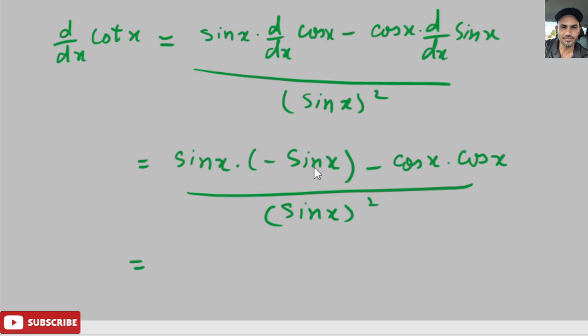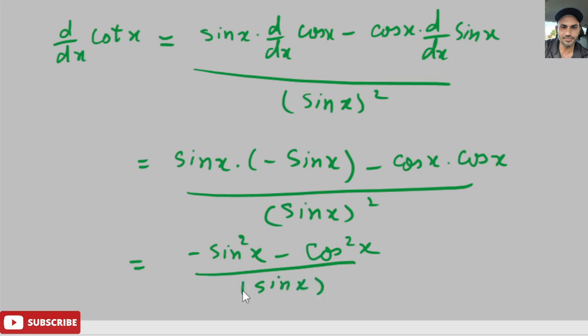So sine of x times negative sine of x is going to be negative sine squared x. Similarly, negative cosine of x times cosine of x is going to be negative cosine squared x, divided by sine of x squared, or sine squared x, which is the same thing. This is equal to negative sine squared x minus cosine squared x over sine squared x.